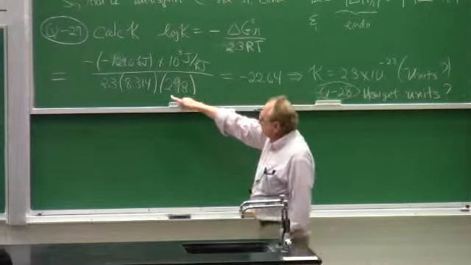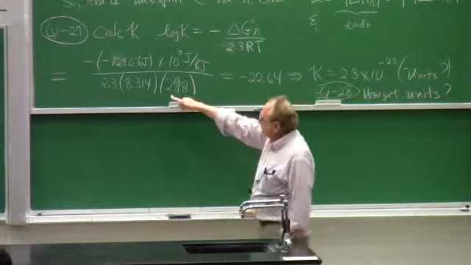I've seen students follow this up by putting in the R value that has the units of liter atmospheres per mole K. That won't work, even though liter atmospheres is a legitimate energy unit. Not a common or convenient one, but nevertheless an energy unit.